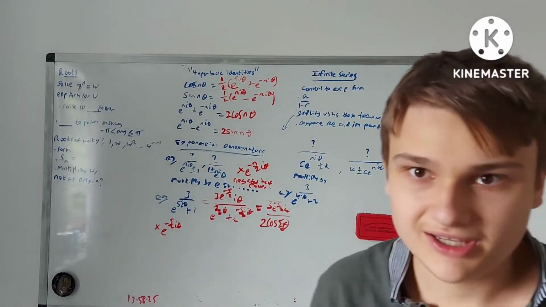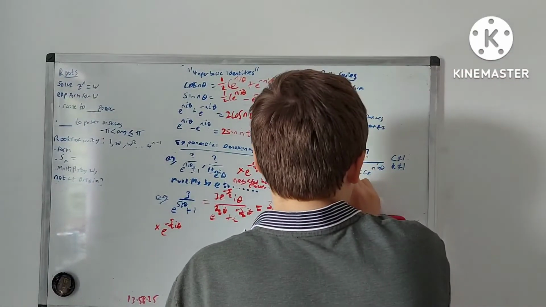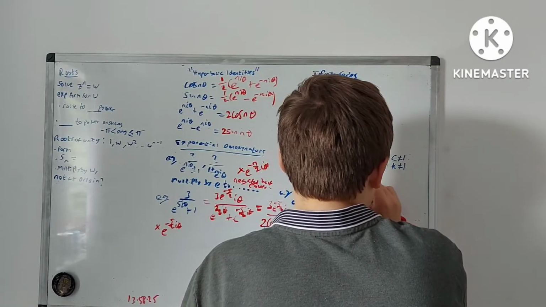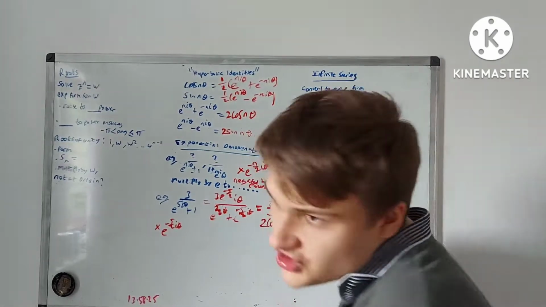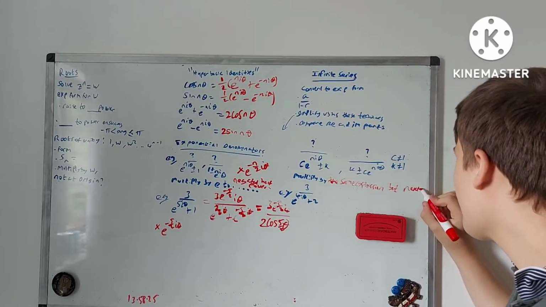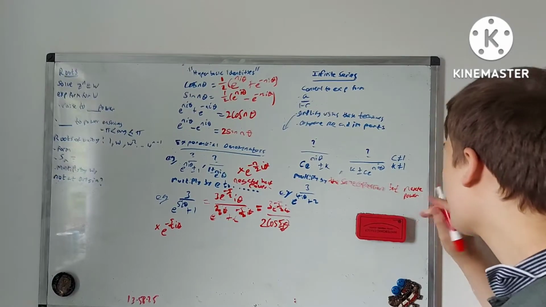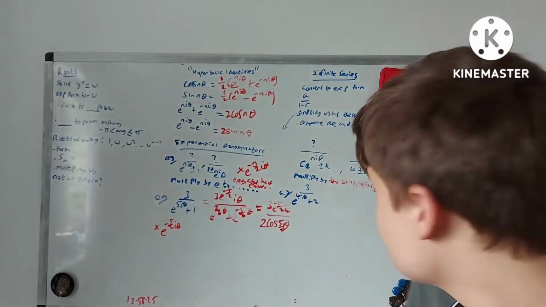So what do we multiply by here? Well, we multiply by the same expression, but the change is we negate the power. What I mean by negating the power is to change the sign of it.